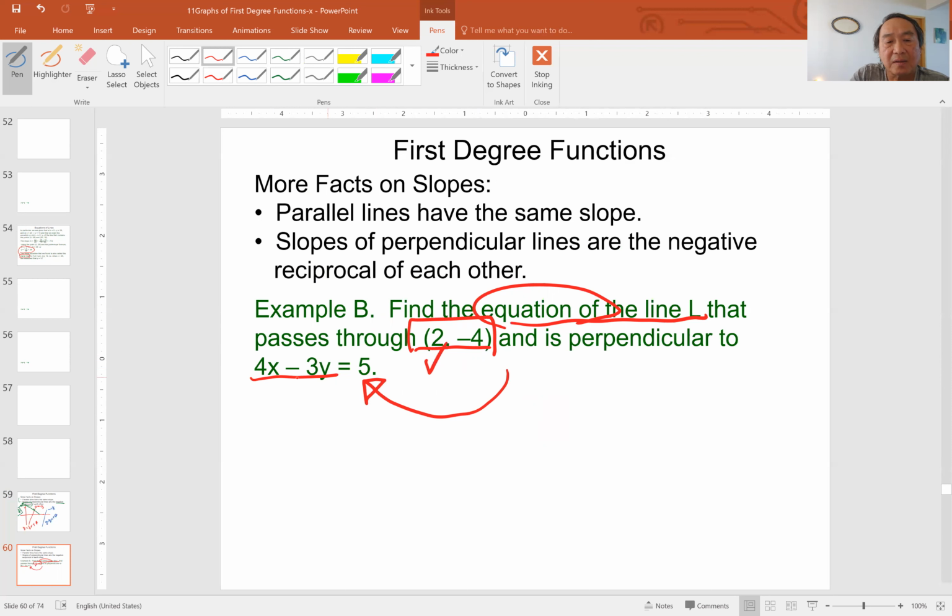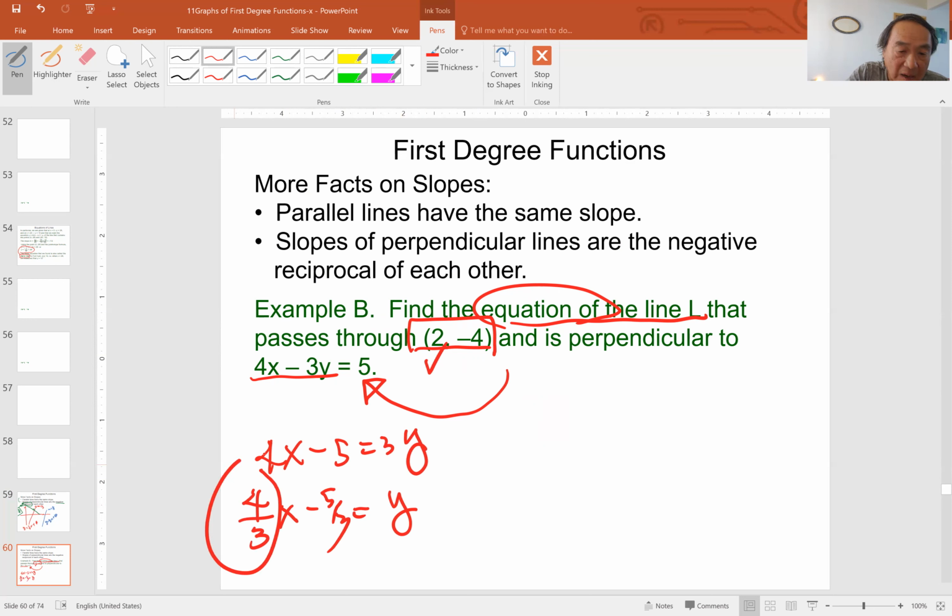So I calculate the slope of this one: 4x minus 5 equals 3y, divided by 3. I only want the slope, 4/3 x minus 5, so I don't care about the 5. I want 4/3. The slope of this is 4/3, but mine is perpendicular to it.